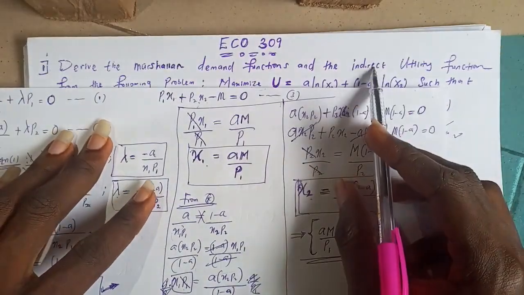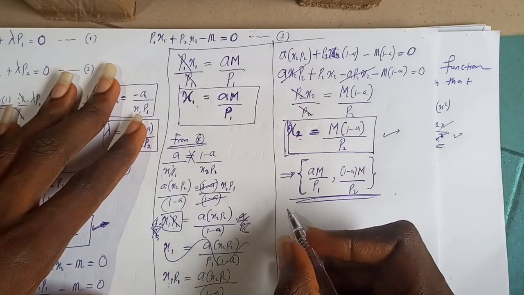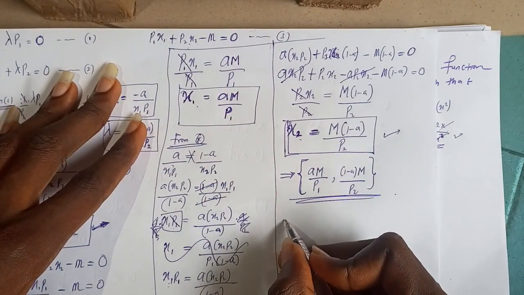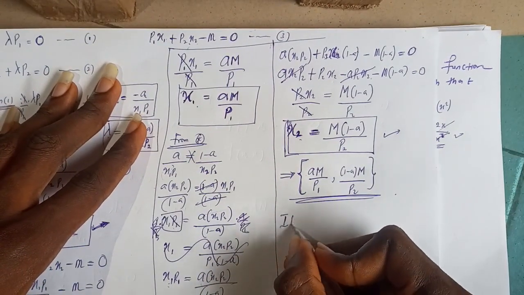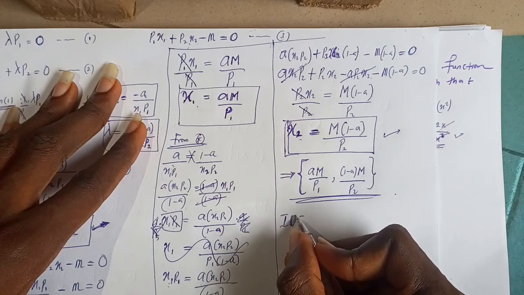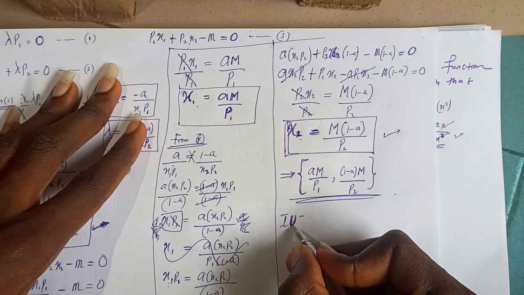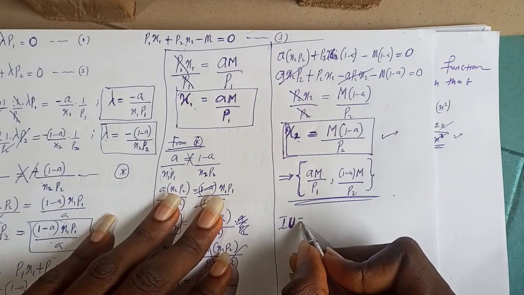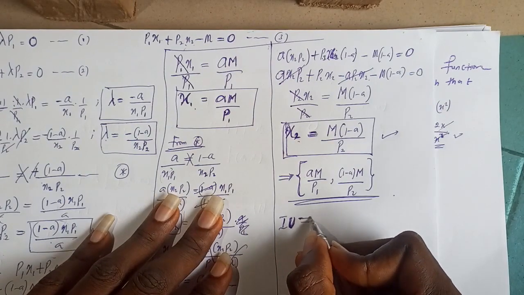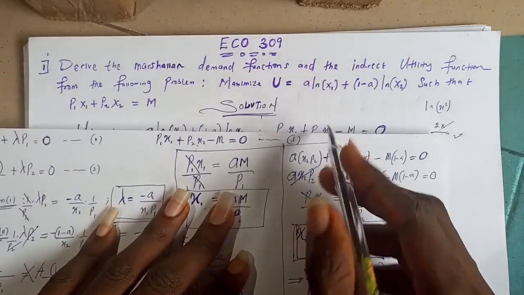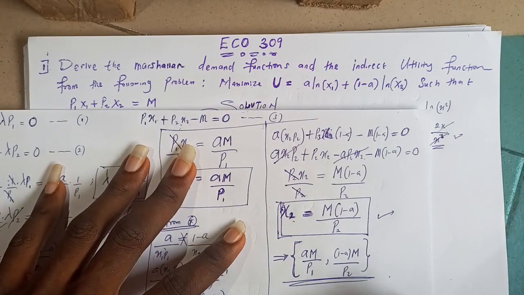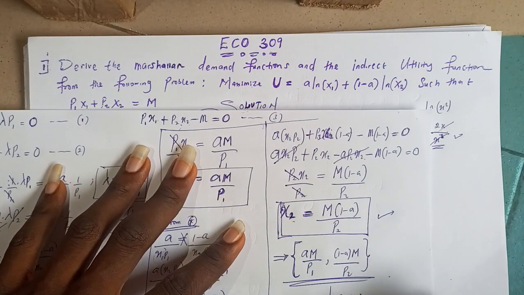Then the next thing is to find the indirect utility function. How do you find the indirect utility function? The indirect utility function itself, that is IU, is actually equal to this utility function that you have here, which is a ln x1, but you have to substitute your x1.